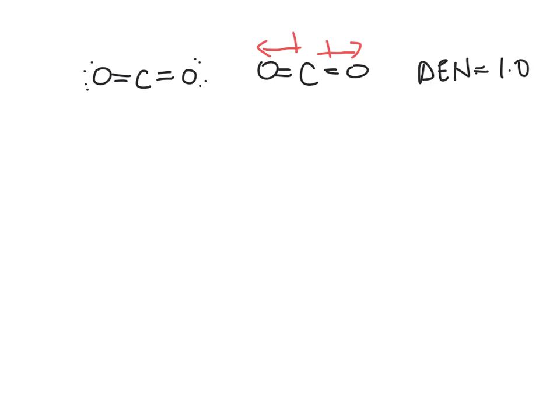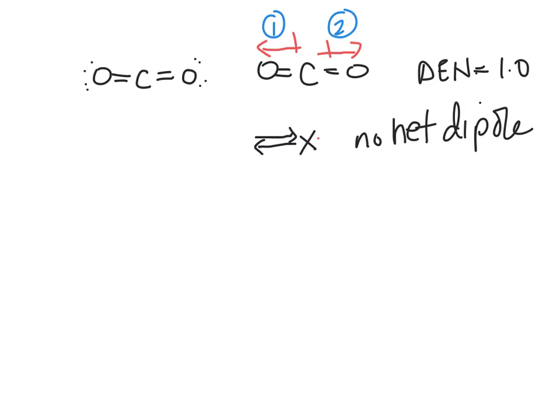When we add these 2 dipoles, let's say this is dipole 1, this is dipole 2, we go in that direction 1, we go back in that direction 1. Because we're back where we started, there's no net dipole, and this is a non-polar molecule. So even though it contains polar covalent bonds, it is non-polar overall.